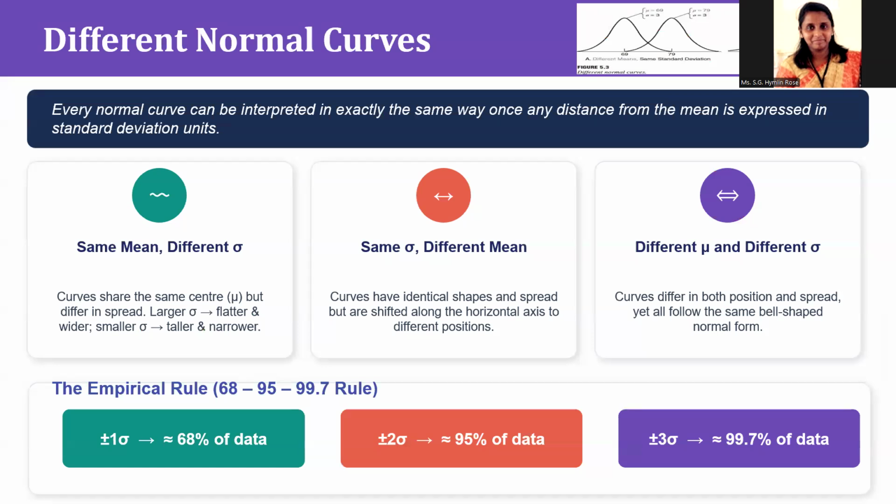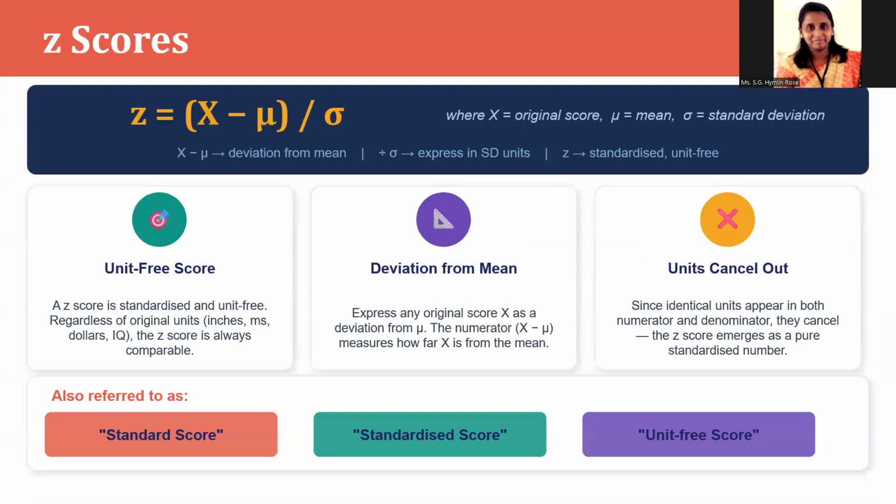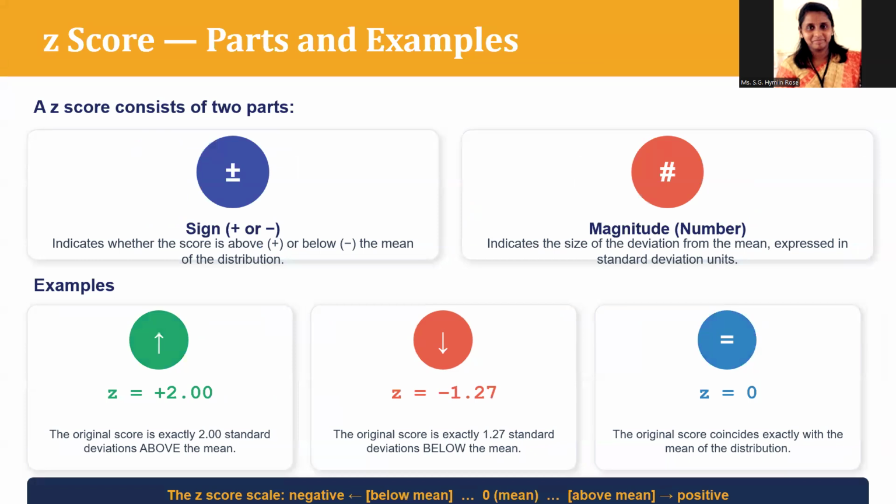Infinite normal curves exist, all following the empirical rule, the 68-95-99.7 rule. Then the standard curve, the standardized curve. Then the Z score formula. Then Z score examples, with different variations, and whether the value is above the mean, below the mean, or at the mean.